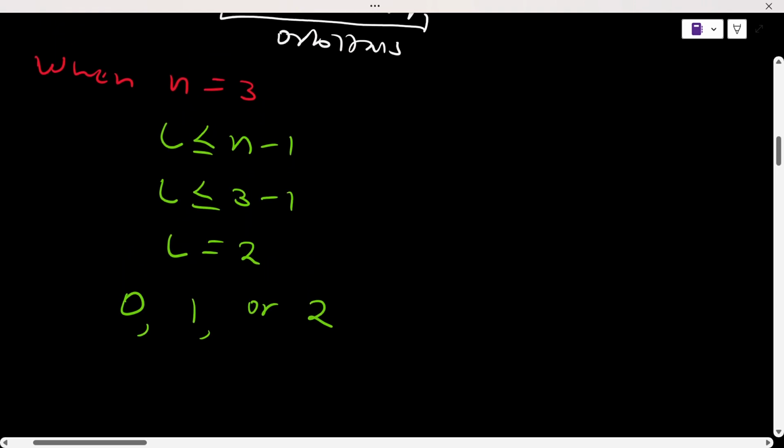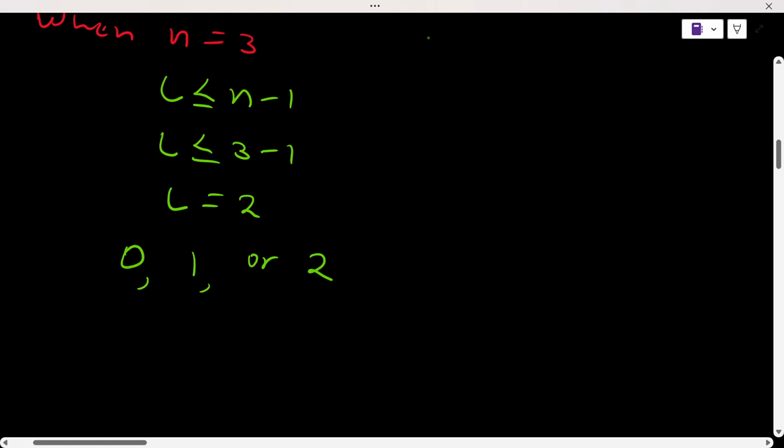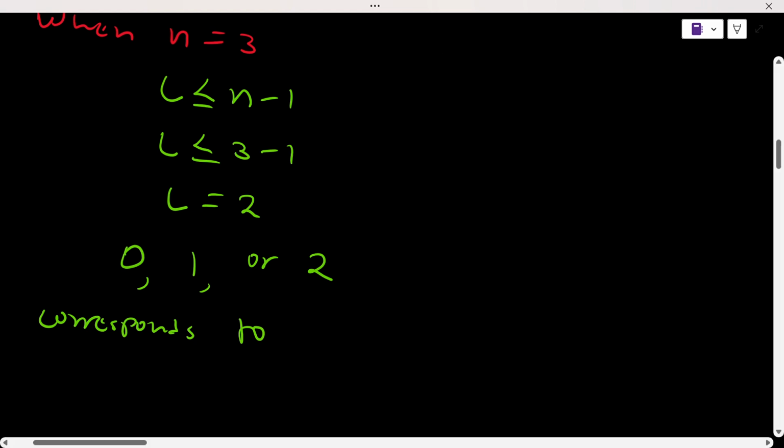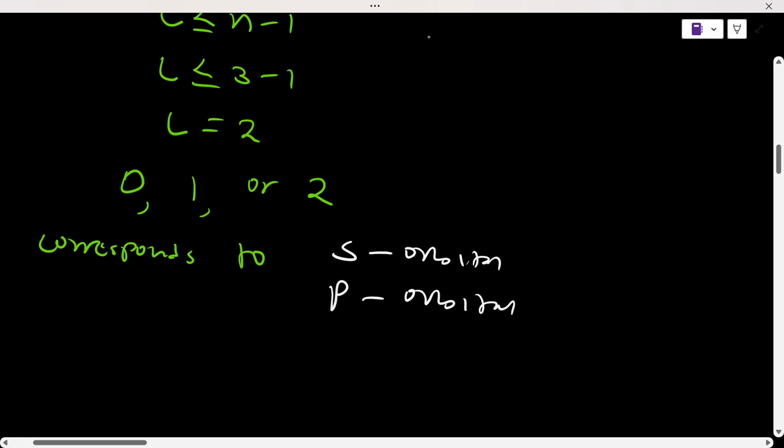And this corresponds to s orbital, p orbital, and d orbital.